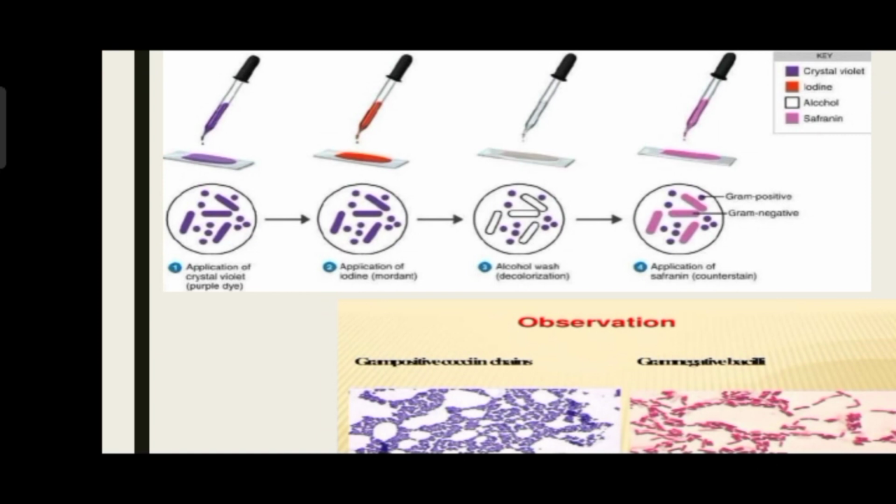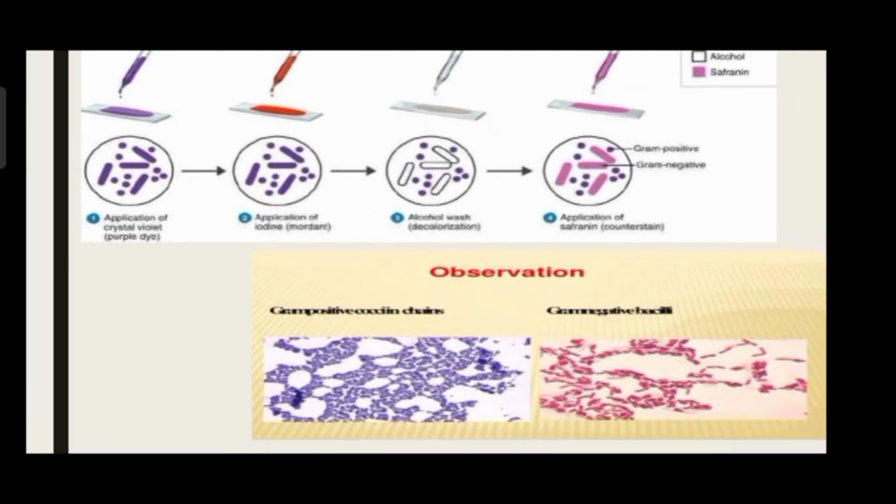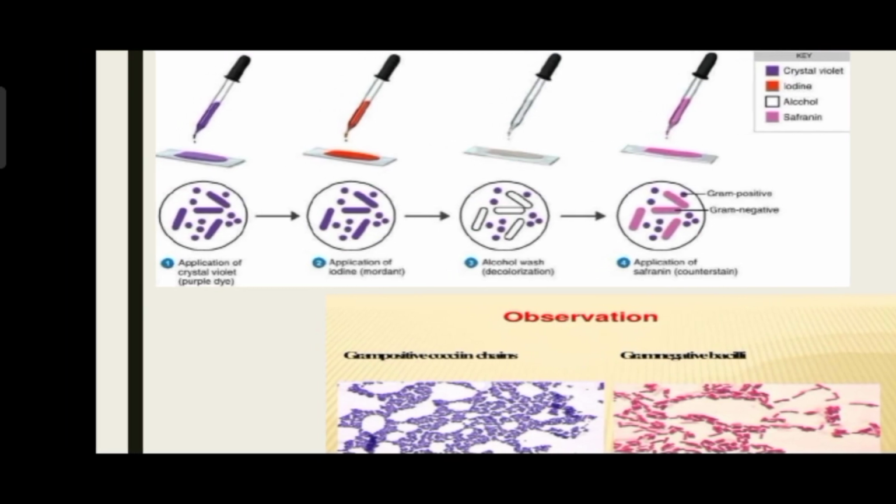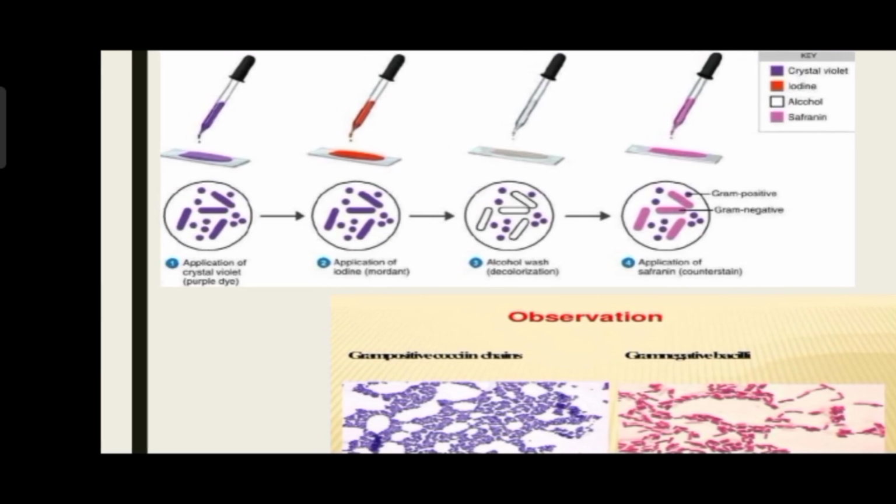In the second step, this smear is treated with gram's iodine solution which acts as a mordant that increases the affinity of cellular components for the dye. Here the iodine combines with the crystal violet to form a crystal violet iodine complex which decreases the solubility of the dye. So the second figure shows the application of the mordant, that is iodine.